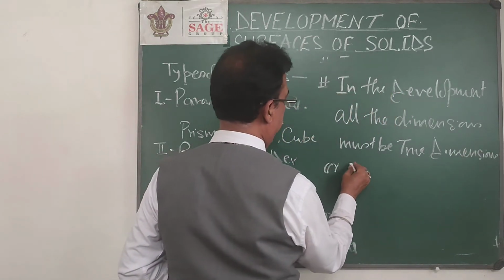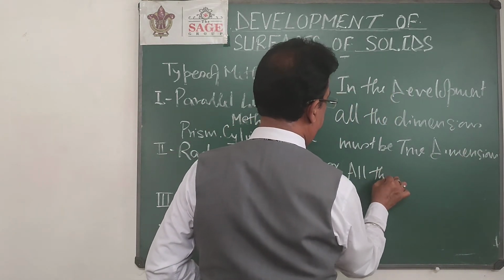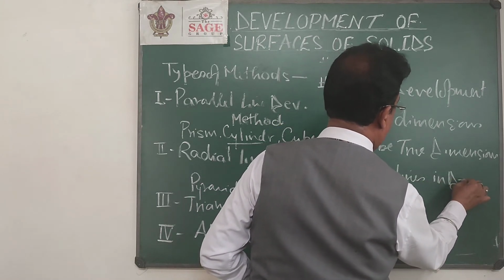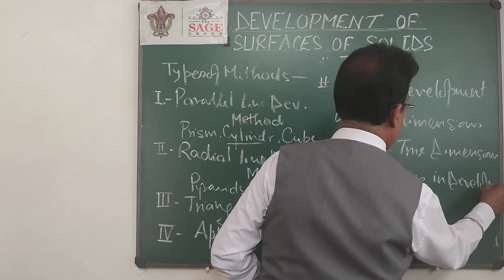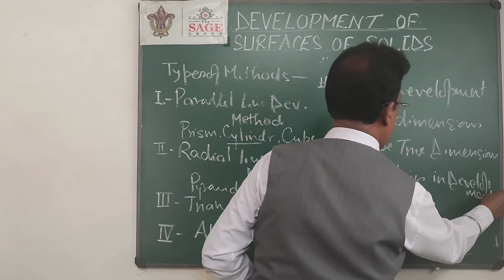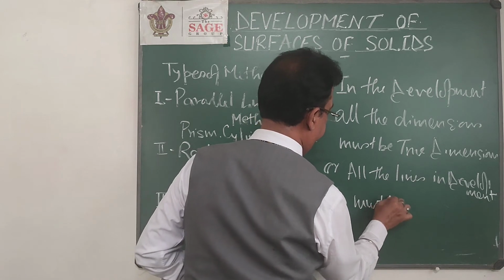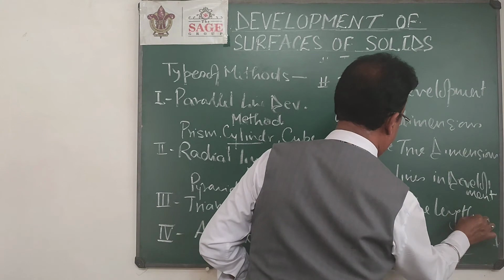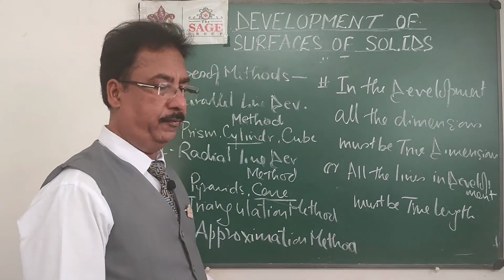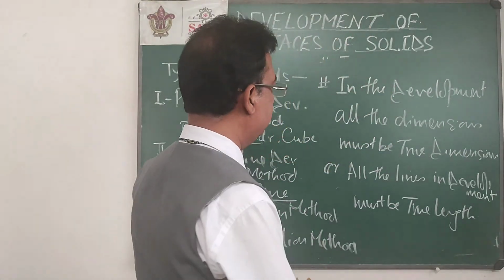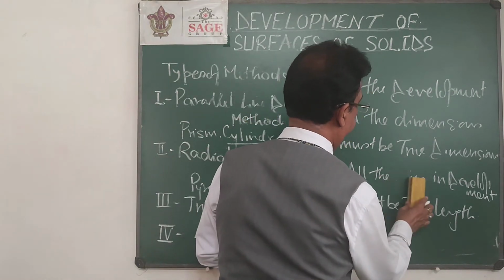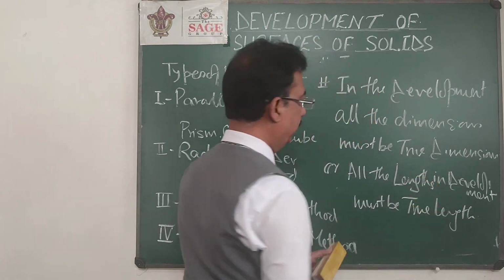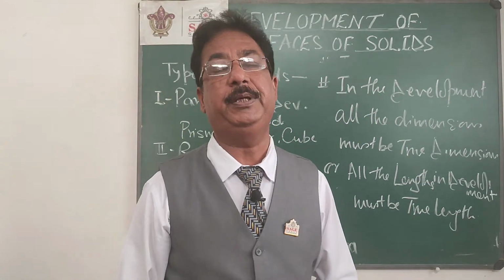Or you can say all the lengths in the development must be true length.